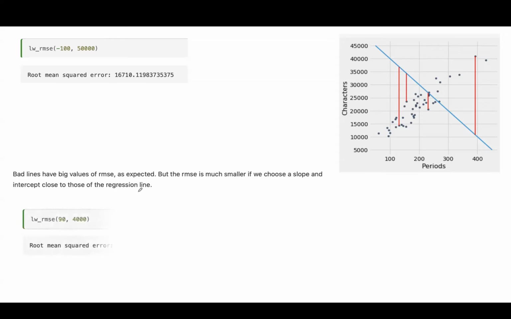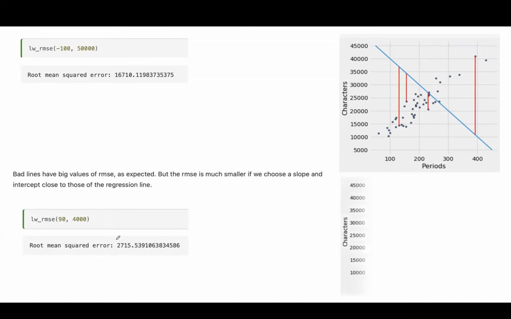Take a look. If I pass in 90 and 4,000, I get the root mean squared error to be 2,715. So remember that when it comes to machine learning and you're looking at these values, even though the root mean squared error looks large, you're comparing these values with the actual values in your data.